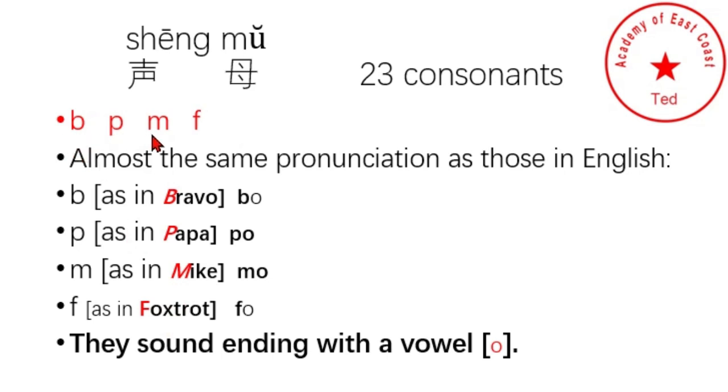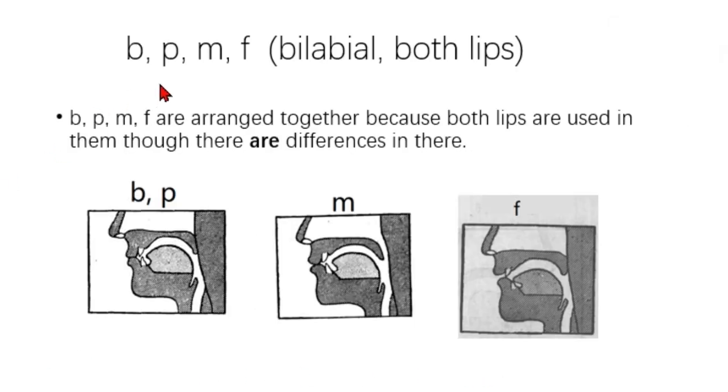Now you must have found that we put a vowel o in the consonant. This is our Chinese way. Bo, po, mo, fo are put together in a group because both lips are used in them. There are differences in there.